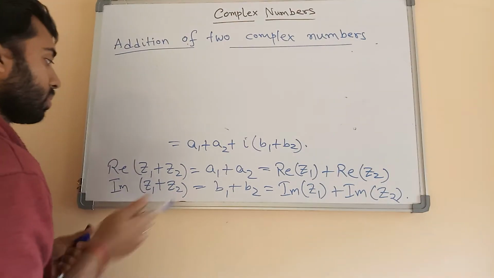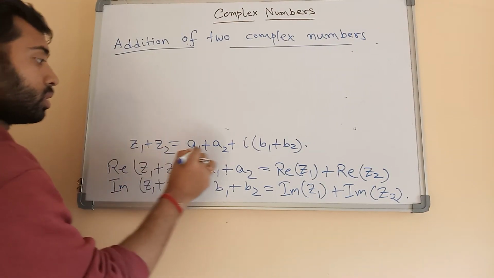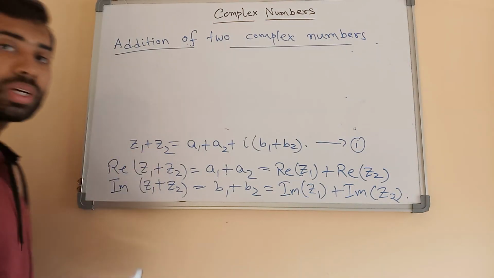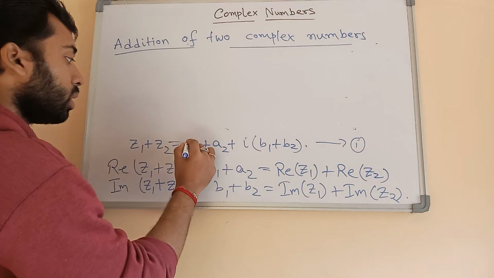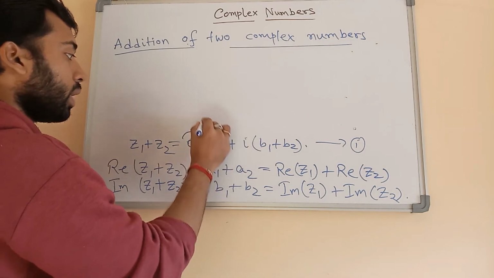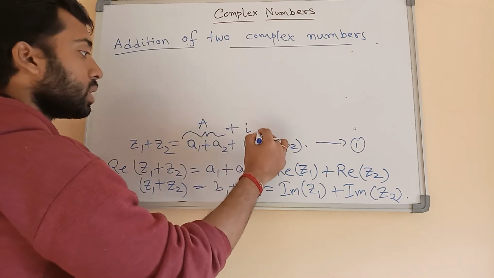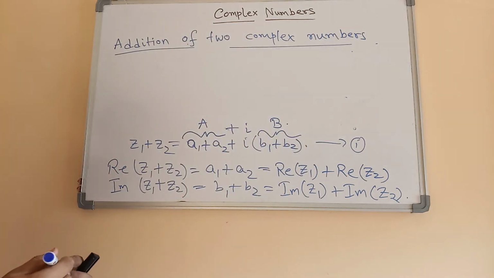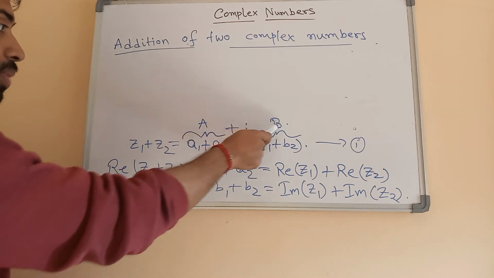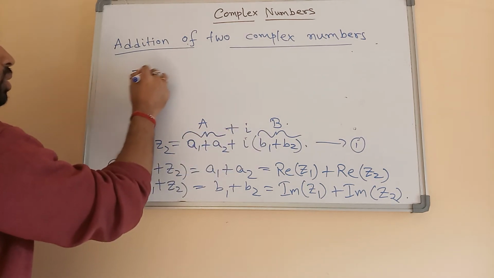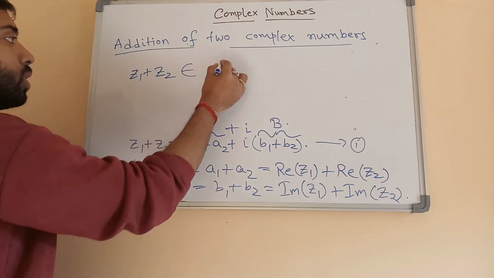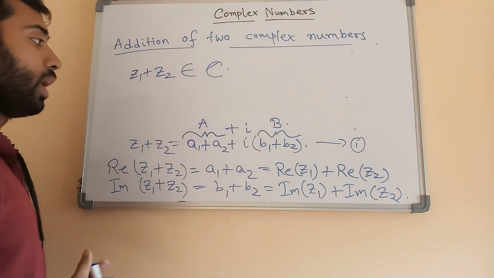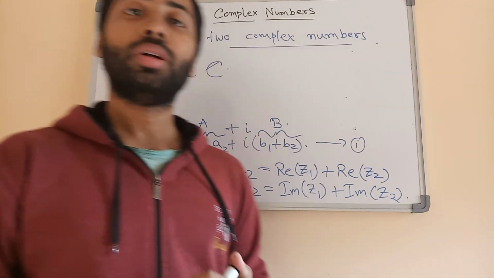As you can see from this, whenever we are adding two complex numbers, we are getting the form a plus ib. So z1 plus z2 also belongs to the set of complex numbers, because it has the form a plus ib, and any number of the form a plus ib is called a complex number.